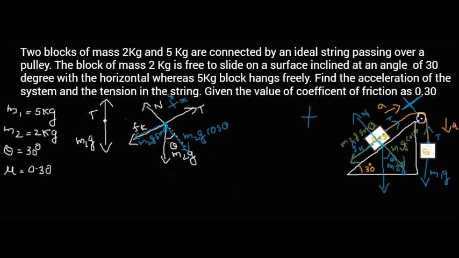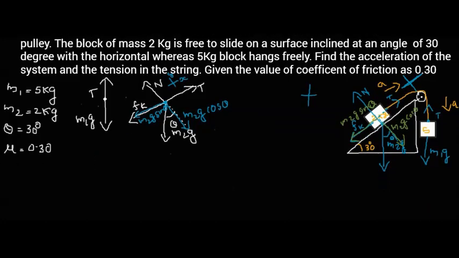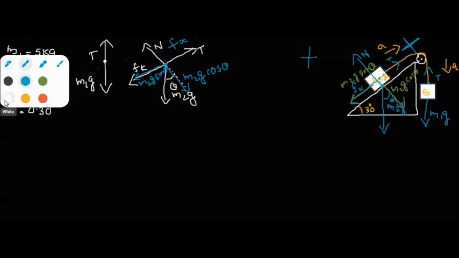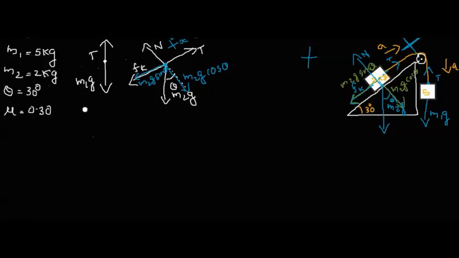Now let's apply Newton's second law in both the situations to get the value of acceleration and tension. Let's apply Newton's second law, that is the net force experienced by the object is equal to mass into acceleration for the first object and the second object.